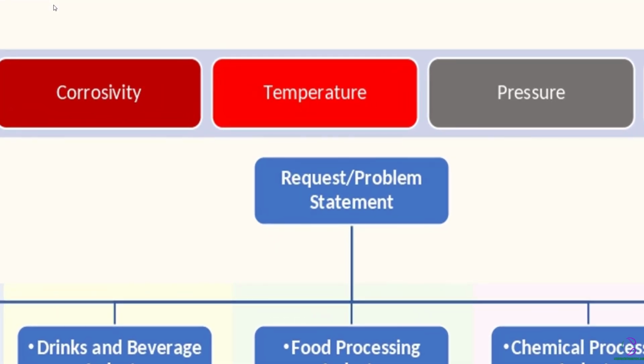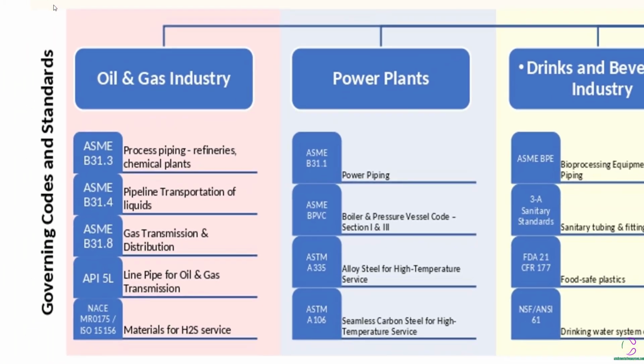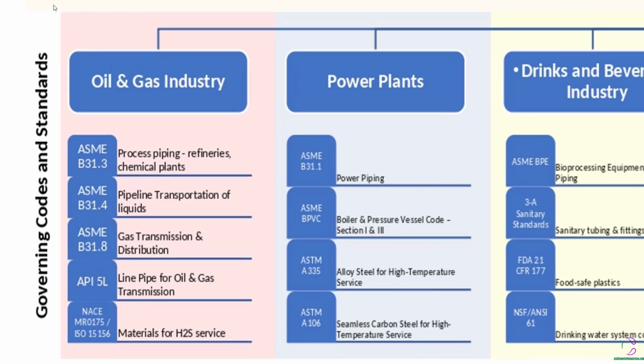First of all, you need to have your request or problem statement. Then, if you found out that the industry is the oil and gas industry or the power plant industry, these are the different codes of practice that someone needs to understand in order to have a full grasp of what is required for both the design and the construction and whatever regulation.